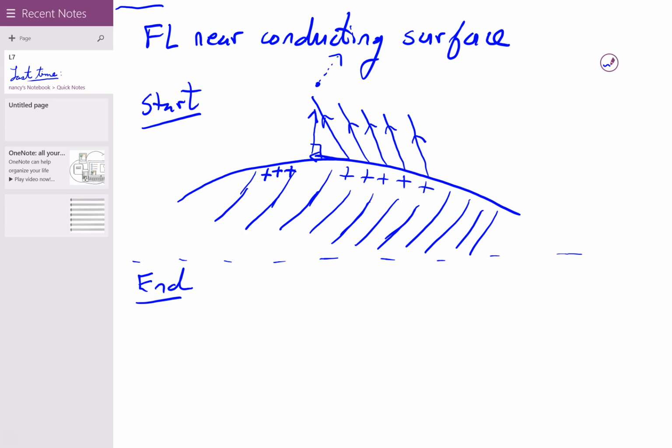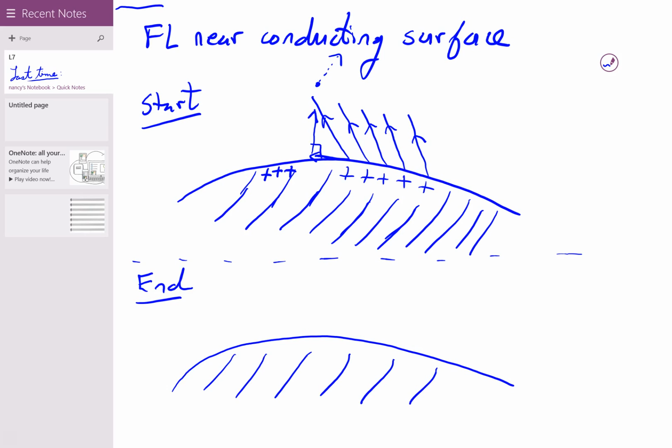In the end situation, I'm going to try to draw the same sort of arc as the shape of my conductor. I've got this material, and the positive charges have redistributed themselves in some nice pattern, like so, and the electric field lines are now pointing directly perpendicularly from the surface. It has to be perpendicular.